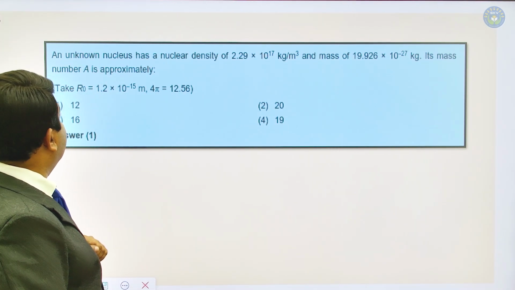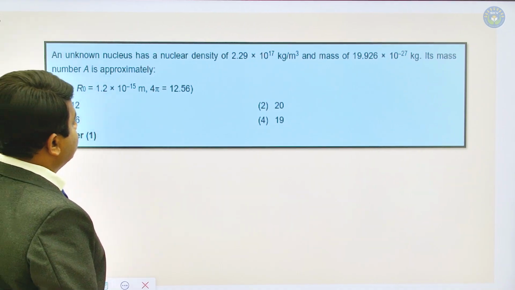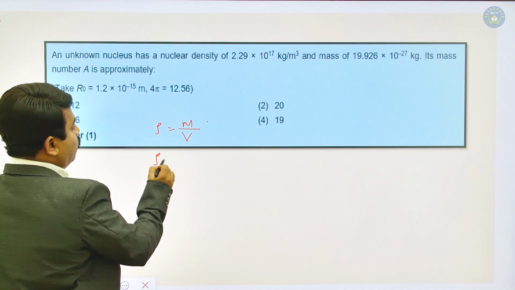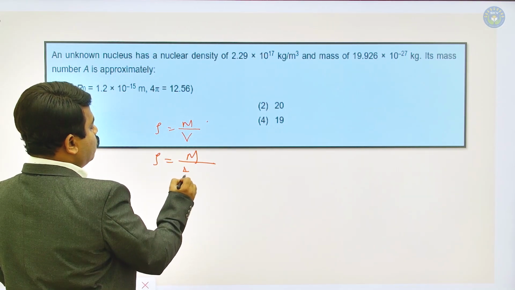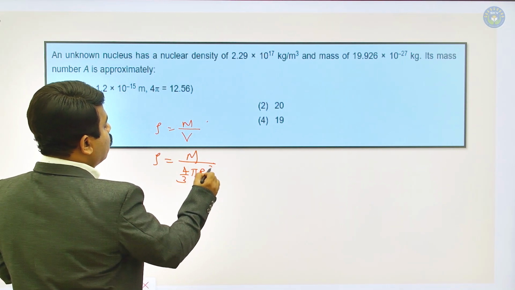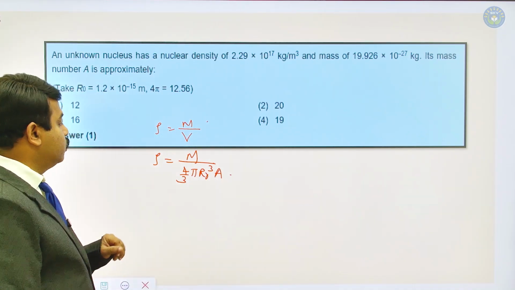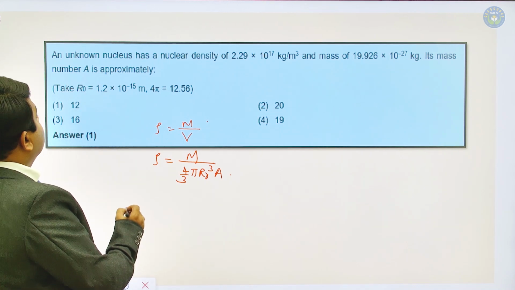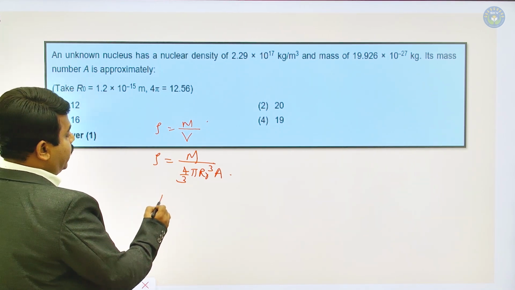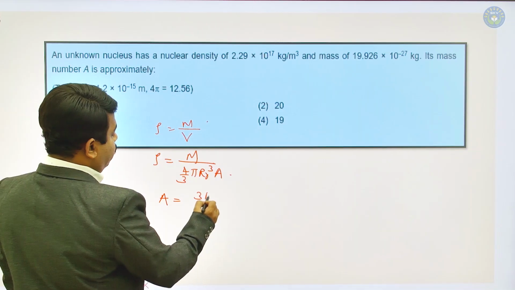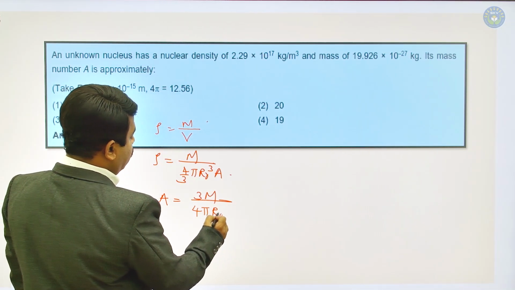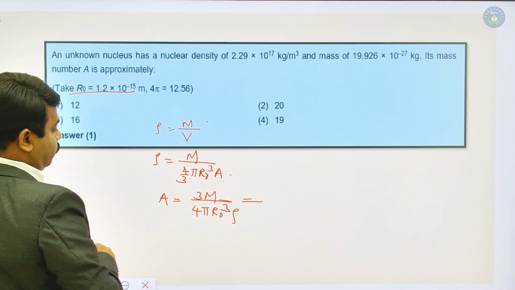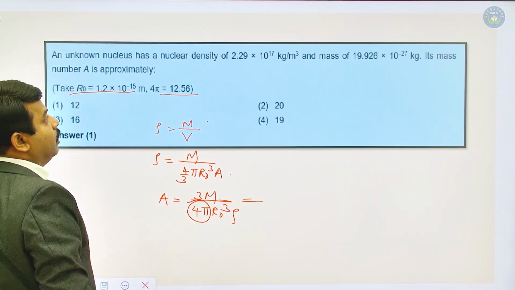Its mass number A is approximately, see, density is given, density is equal to mass per volume, and we have already seen volume is equal to 4 by 3 pi r0 cube A. In the previous question also we saw r is equal to r0 A raised to 1 by 3, right? Then they are asking its mass number A only, that is 3m divided by 4 pi r0 cube into rho.